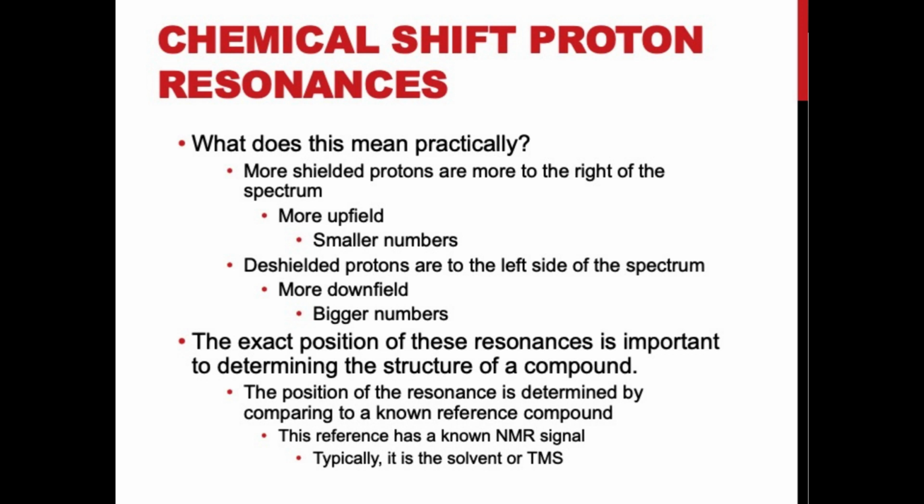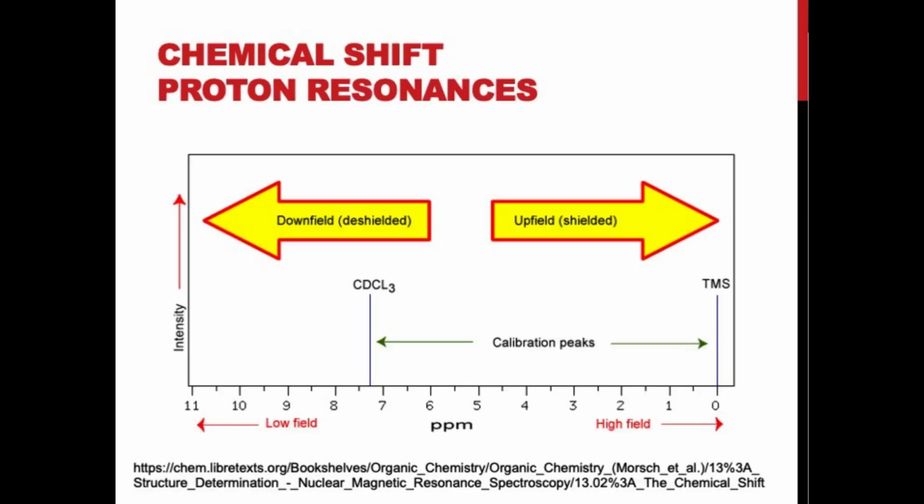They are more downfield, and being downfield means bigger numbers. So I've got a little thing for you here. You can see on this slide, de-shielded downfield is closer towards 10 or 11. Upfield is closer towards 0.